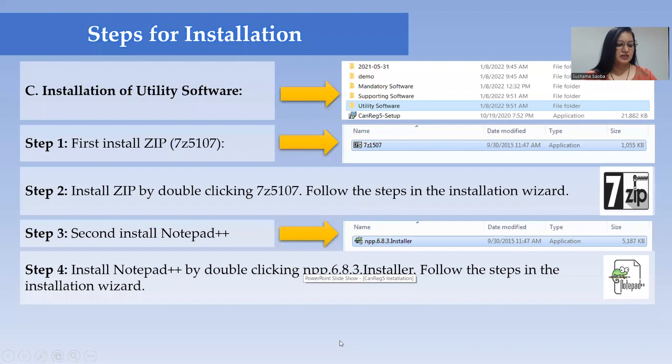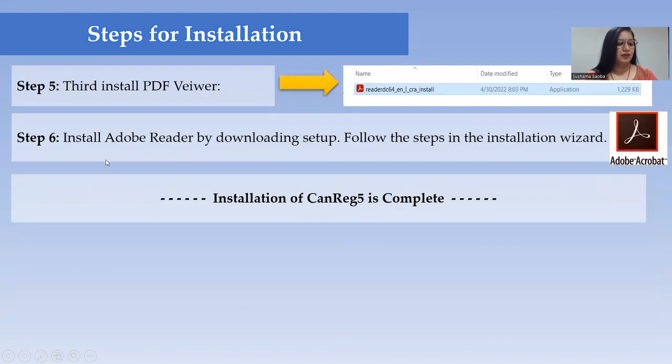Let me go to the slides to see whether I have missed out any of the steps. Yes. First, we have installed WinZip by double-clicking this icon. After that, we have gone through the wizard and completed this installation. Next, we have installed Notepad++. This is done.